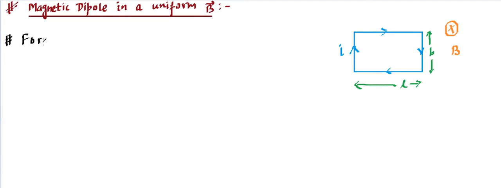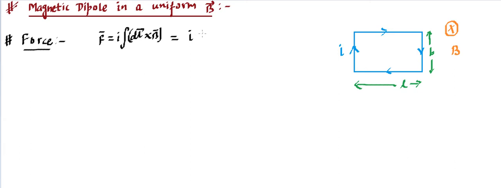So how much force will act on this particular loop in the presence of this magnetic field? We know there is a formula: F is equal to I L cross B. To be precise, we need to go for integration, and it's written like this: F is equal to I integration of dl cross magnetic field B. And we know if it is a uniform magnetic field, we can further simplify this.